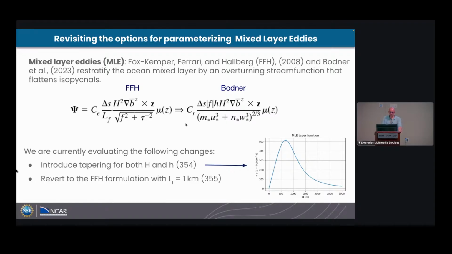And then the second experiment is Ian, Gokhan, and others. They have had the idea of tapering the boundary depths and mixed layer depths that are used in the Bodner scheme. So in convection places, the boundary depth can go below 2,000 meters, and if you're doing all this mixing, you can really change the solution dramatically.